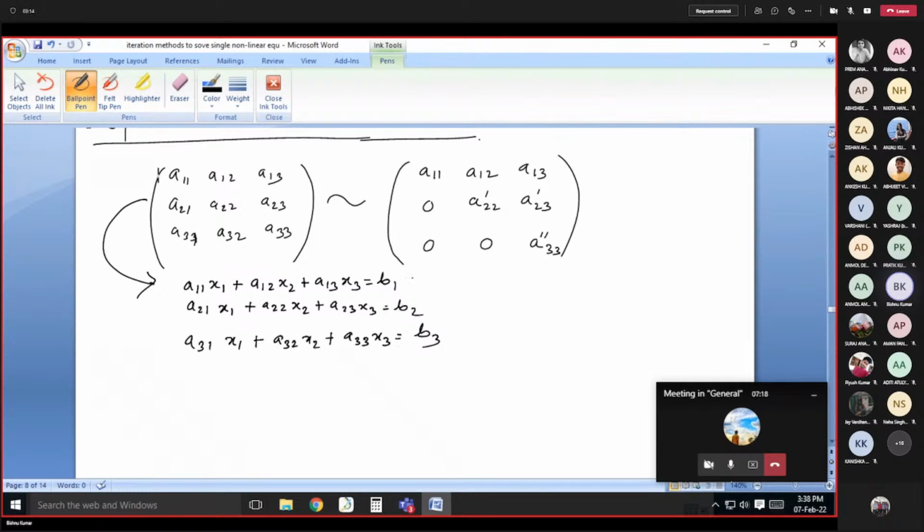Okay, so suppose in this system, its coefficient matrix is this, isn't it? You just see and watch. Is it clear?